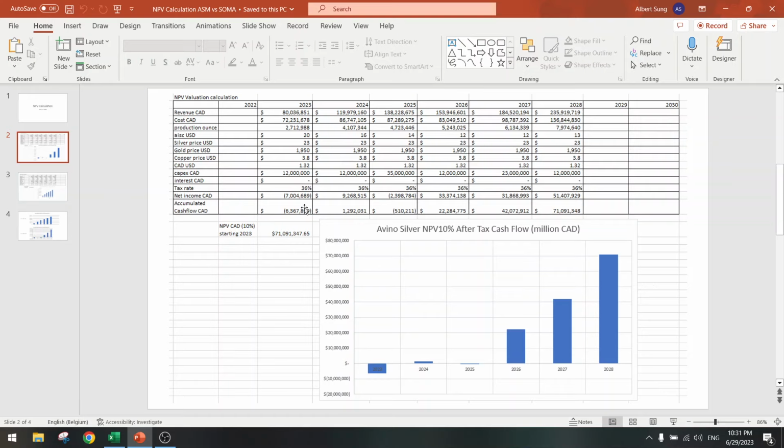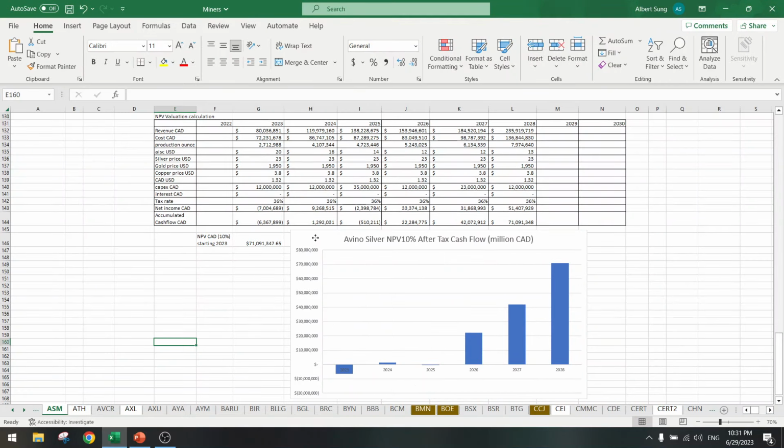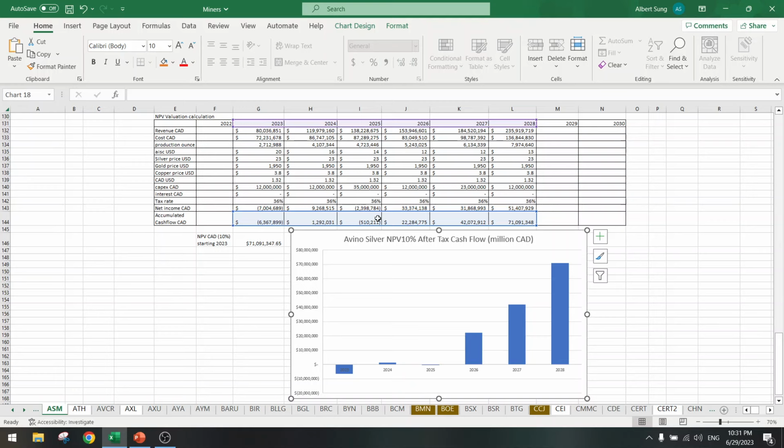So here we deduct 6 million, then we add 1 million, minus 500,000. And you can actually see this happening here. So minus, then plus, minus, plus, plus, plus.